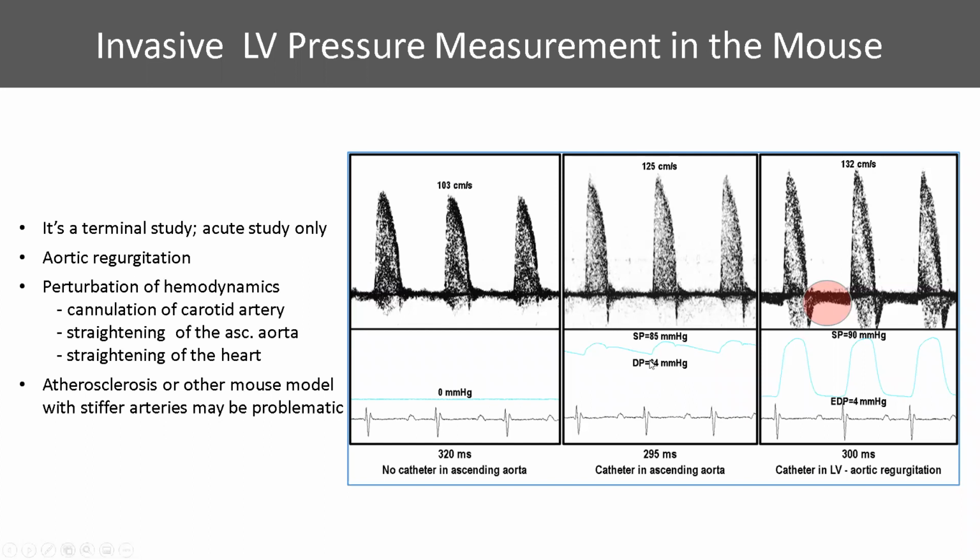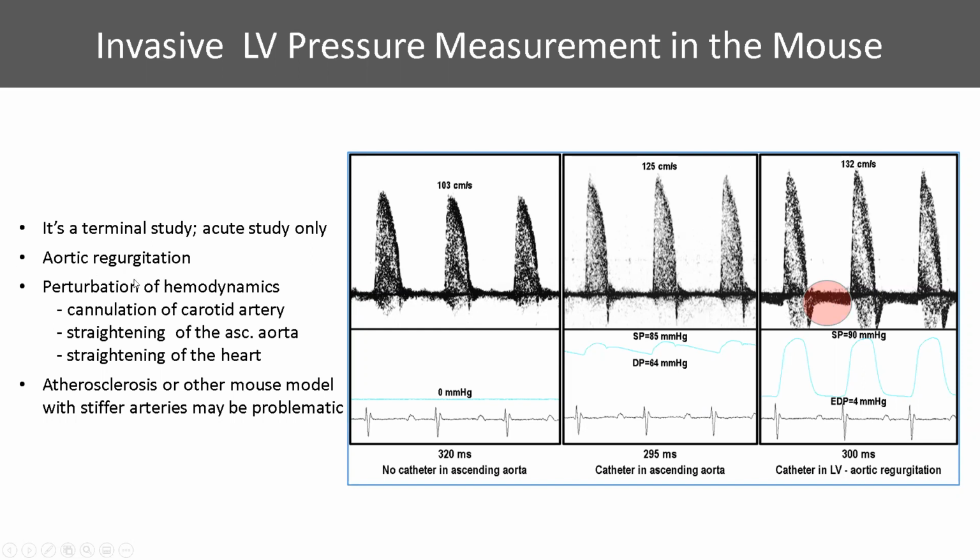And when you push that catheter across the valves, the velocity goes up even higher. Not only that, here we don't see any regurgitation because it's not across the valves. Valves are closing perfectly. But now here, the valves are not closing perfectly. There's some kind of regurgitation going on throughout the diastolic period.